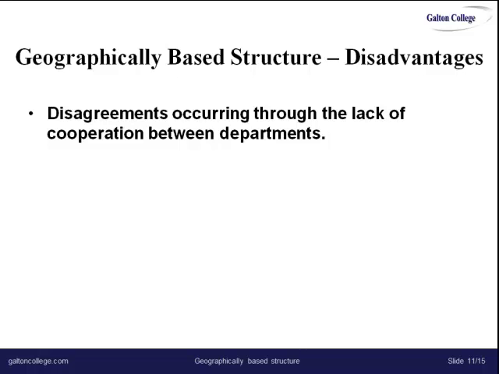So there could be disagreements between the various departments simply because they have grown away from each other. There's also, of course, a duplication of resources. That's obvious, that if they are essentially the same type of manufacturing or the same type of processing, they probably require the same resources. So the resources have to be duplicated or replicated depending how many sites it operates on.